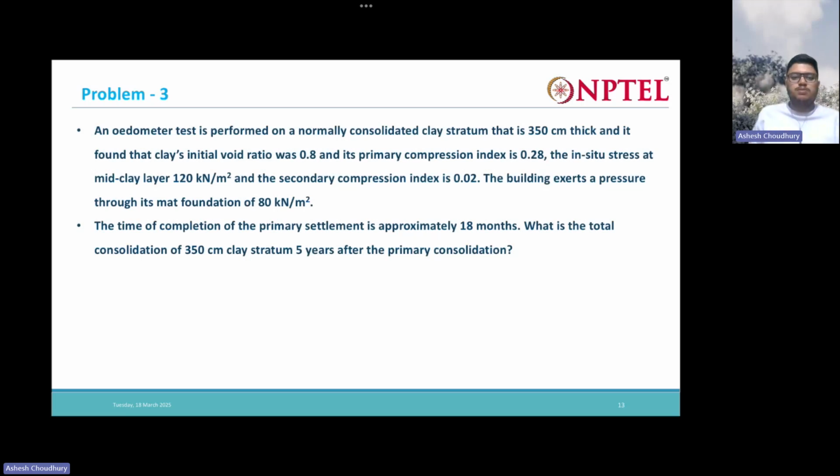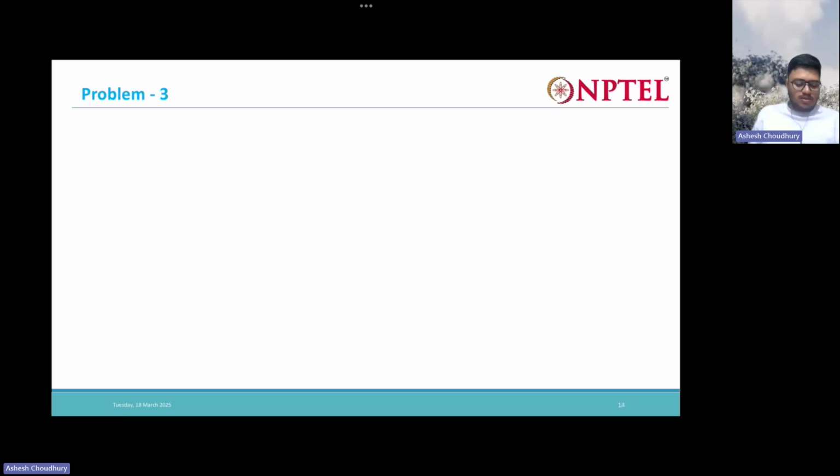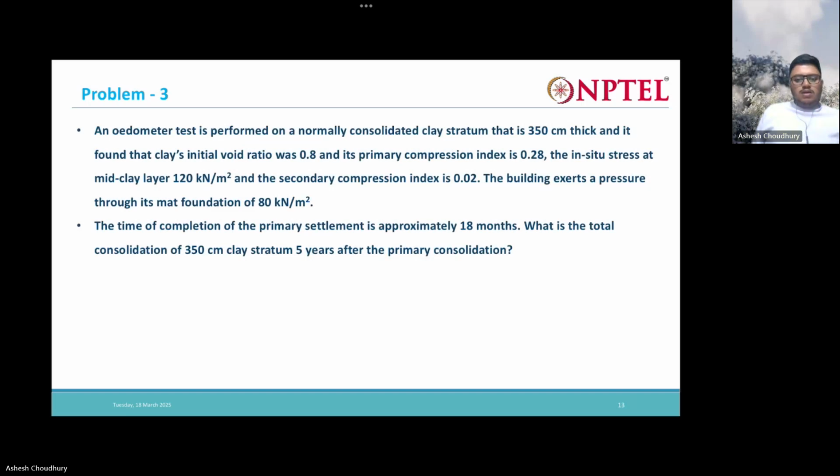An odometer test is performed on a normally consolidated clay stratum that is 350 centimeters thick. It is found that the clay's initial void ratio was 0.8 and its primary compression index is 0.28.